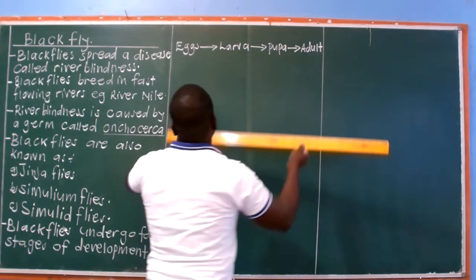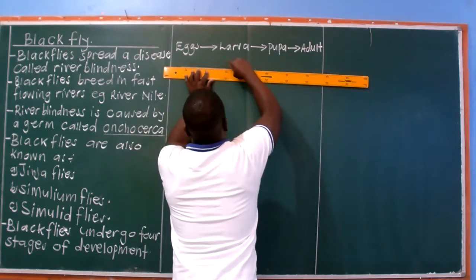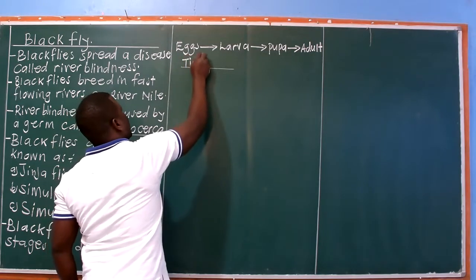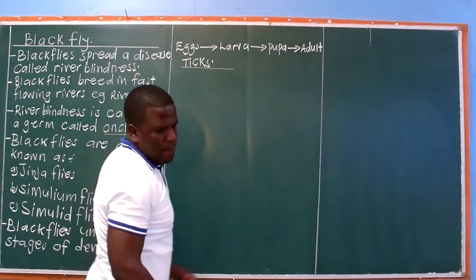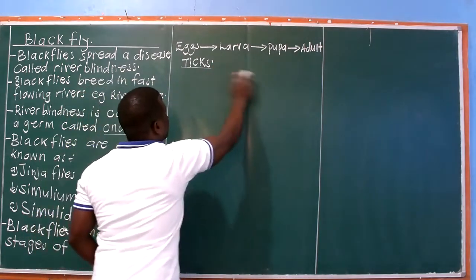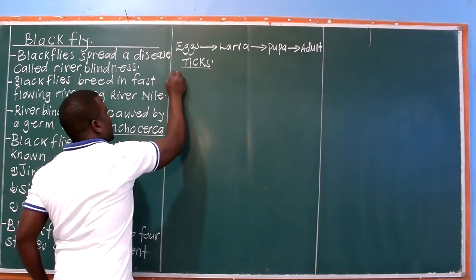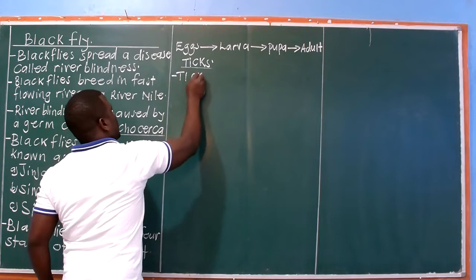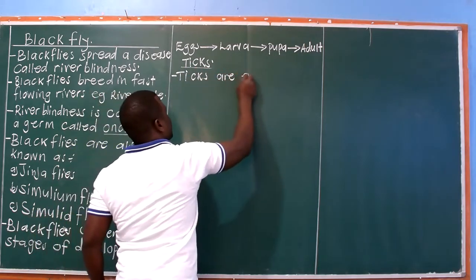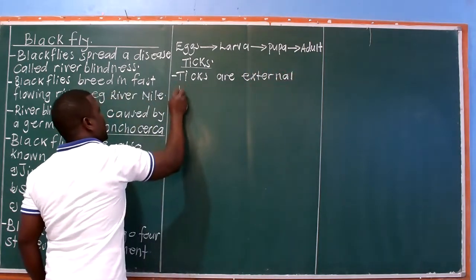Next, look at ticks. Now, ticks are both vectors and at the same time parasites. They are external parasites. Ticks are external parasites.